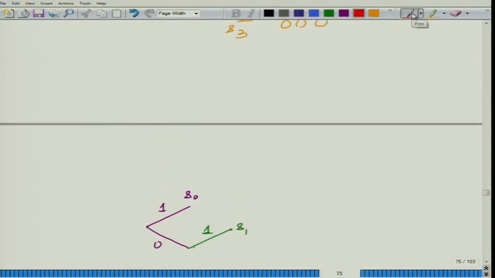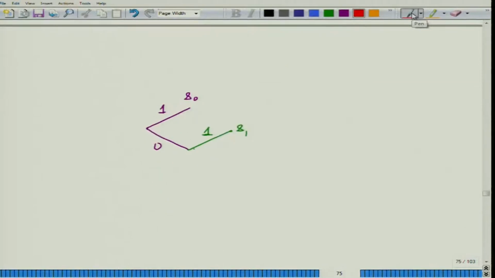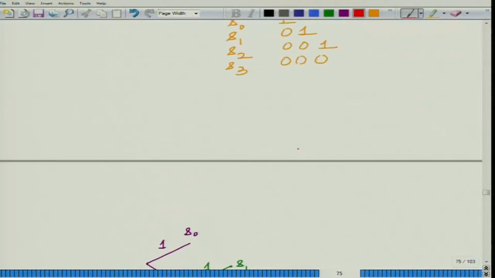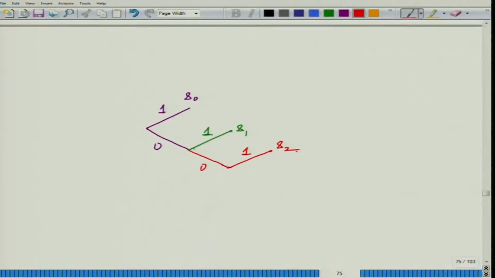And for S2 you have 0 0 1, so 0 0 goes below. S2 is 0 0 1, and S3 is 0 0 0.